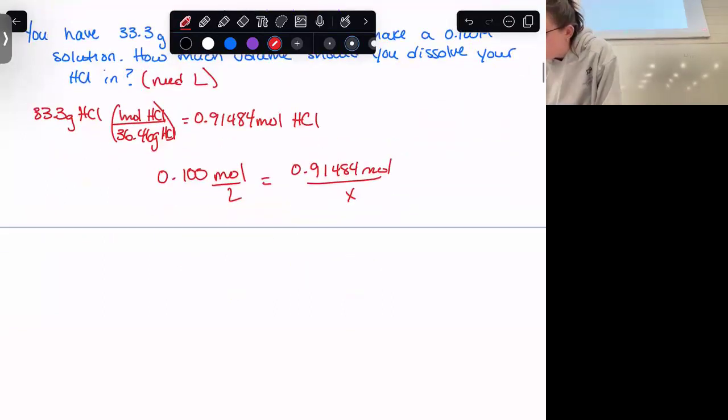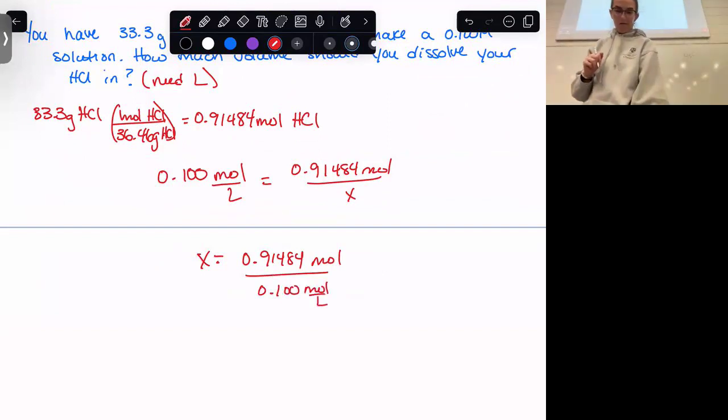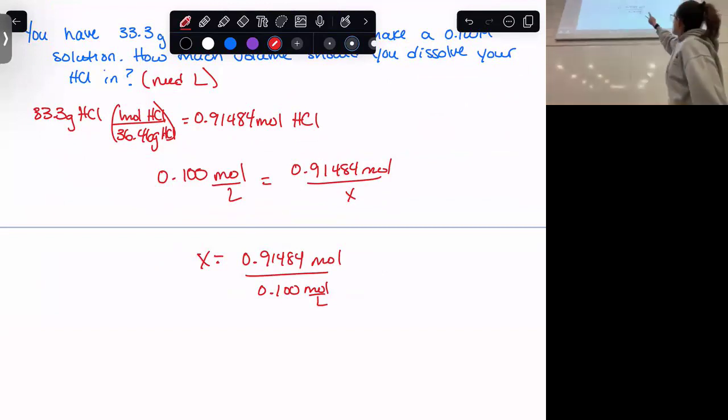And so we end up with X equaling... We multiplied our x by 0.1, so we have 0.1 times x, and then we divide it by 0.1 to get liters by itself.